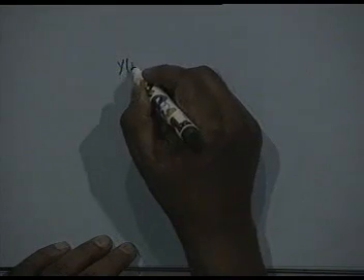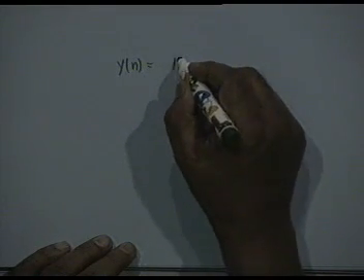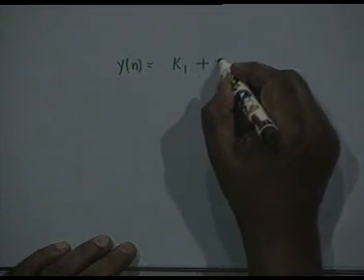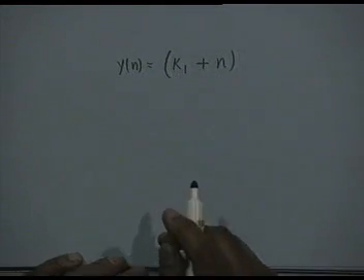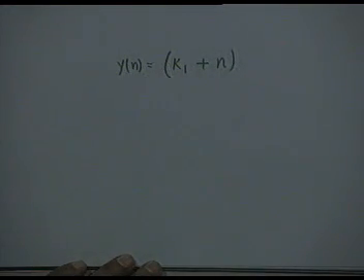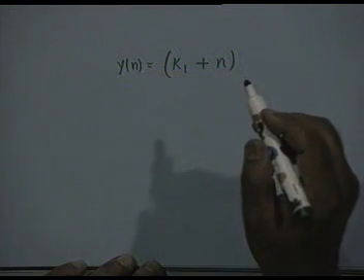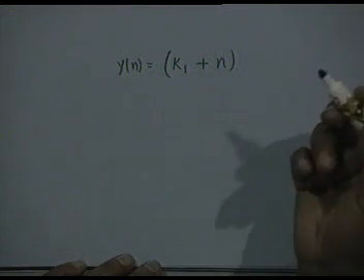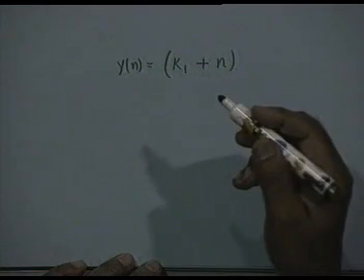I am omitting the algebra, you can do that yourself, which means that my y of n is equal to k plus n, k minus 0.5 raised to the n is the complementary function, then n times minus 0.5 to the n is the particular solution.